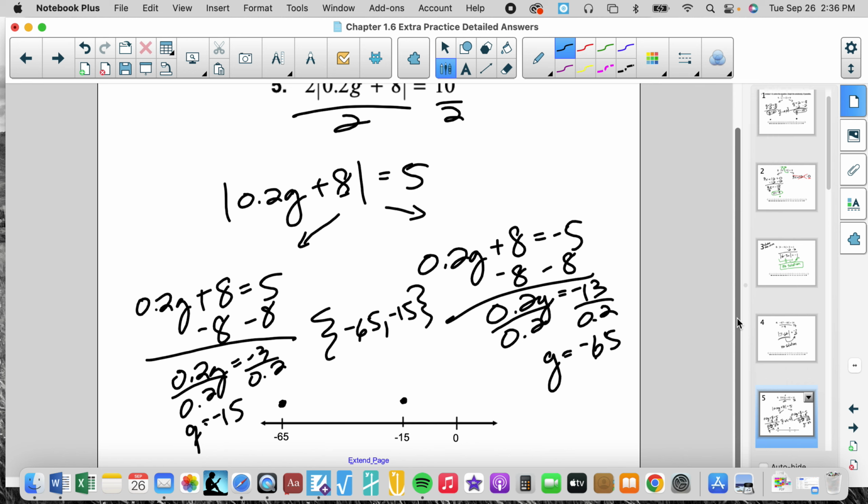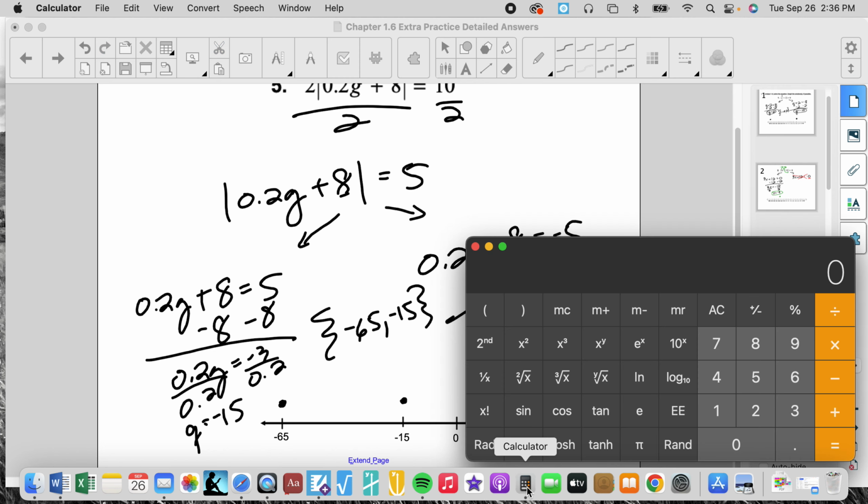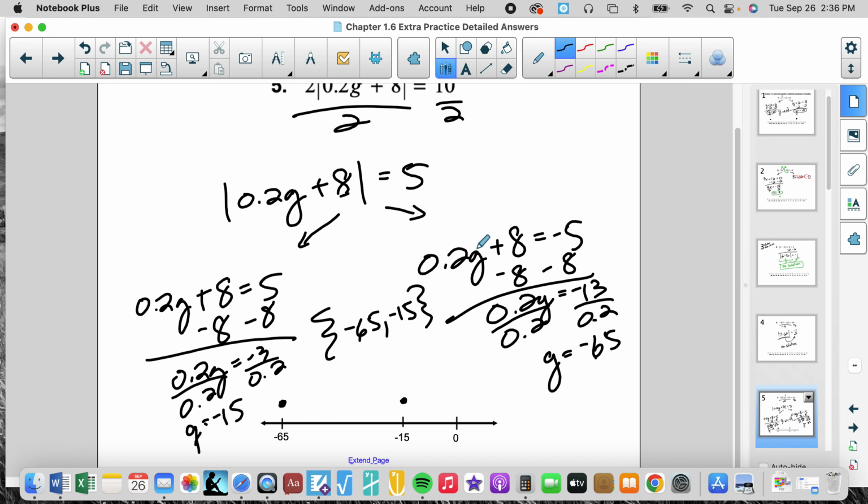That's negative 3. So 0.2 has 5. That's 15. Let's make sure 3 divided by 0.2 is 15. Yeah, that's good.